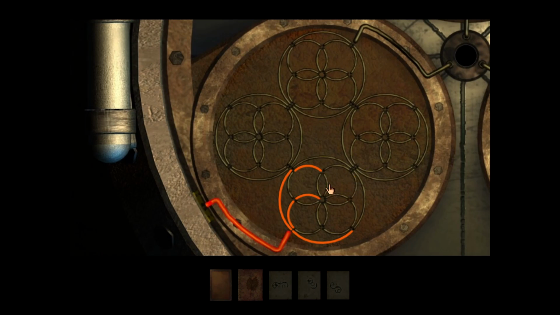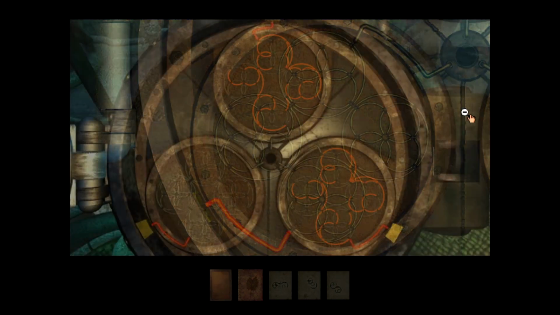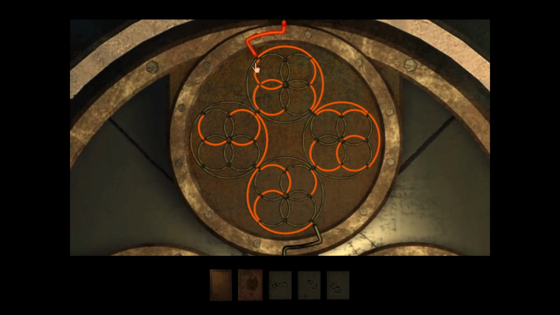Let's consider the possibility that we actually need to manually connect this red line to this gray line. It's possible. This red line arguably connects. Is there another possibility to make it connect if it isn't technically connected?